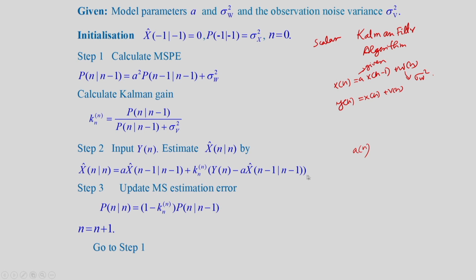That way we have seen that the Kalman filter recursively estimates the signal using a model, that is the AR1 model or Markov model, and under the stationarity condition of this signal, this algorithm will converge.